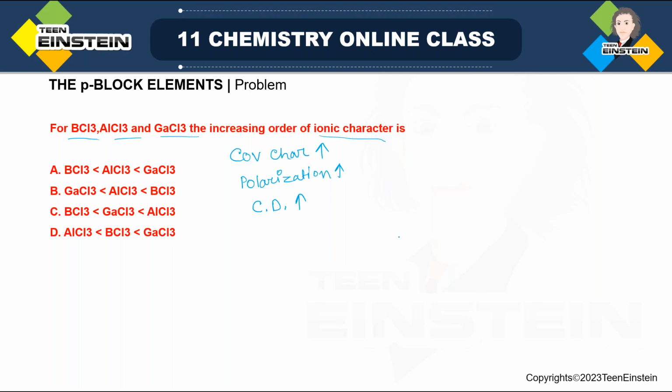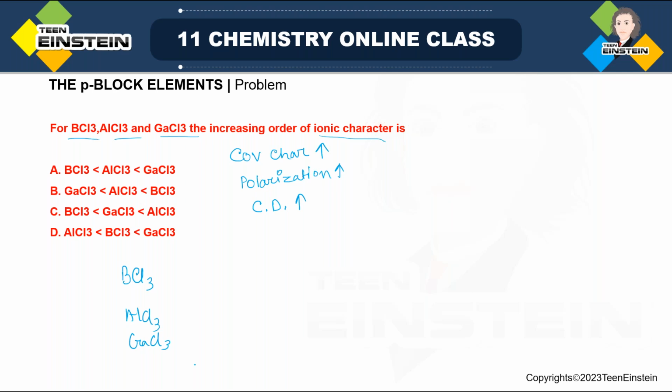Now, if you look at these compounds, here we have a total of 3 compounds, BCl3, AlCl3, GaCl3. And here the charges are the same, all are having +3. But the size is different. As you are moving from boron to aluminium, gallium, remember, boron is the smallest and aluminium is slightly smaller than gallium.